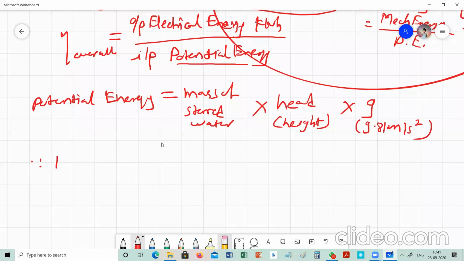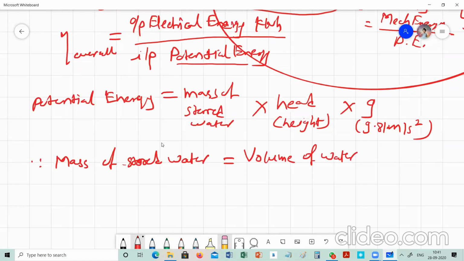Since mass of stored water is equal to volume of water, they have given the volume of water, that is Q, in cubic meters, into density of water.